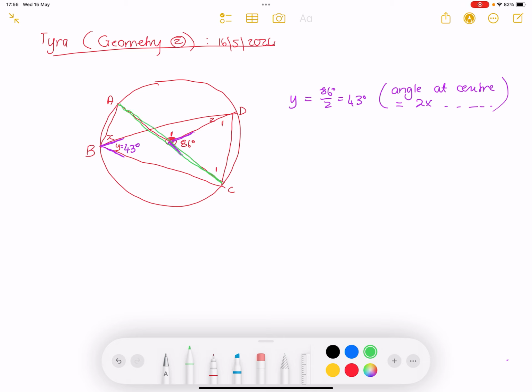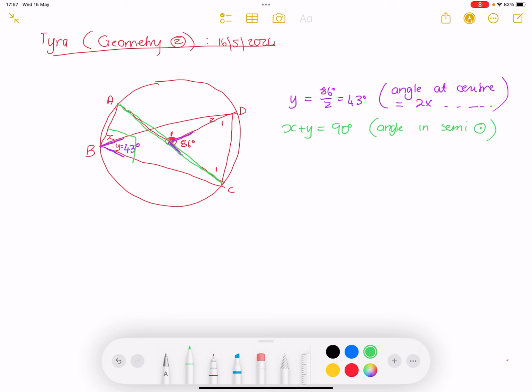I have a half circle, and the angle in the half circle is? It's 90 degrees, ma'am. So these two together are 90 degrees. So then I can say x plus y is equal to 90 because it's the angle in a semicircle.